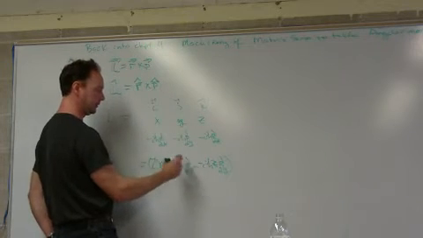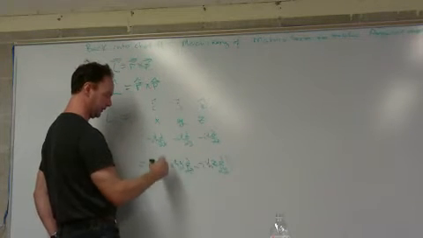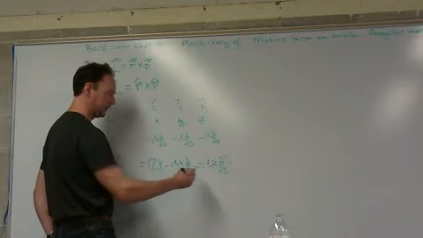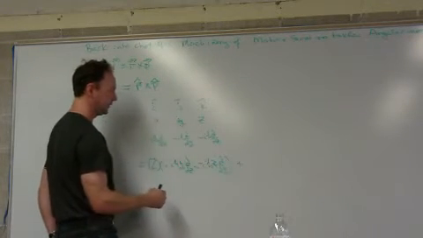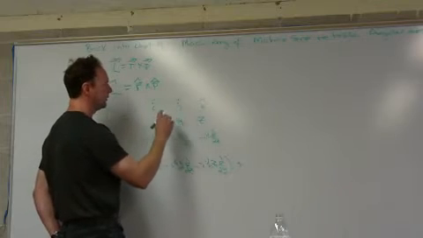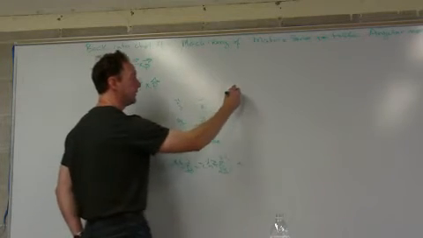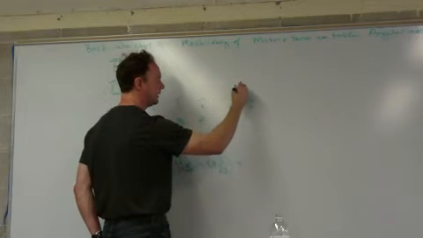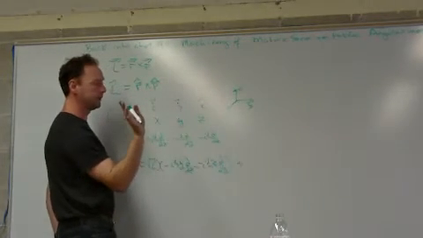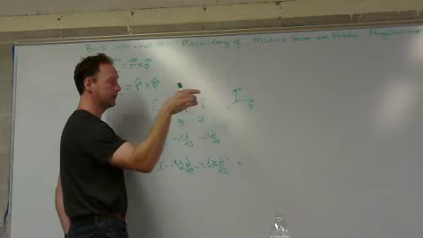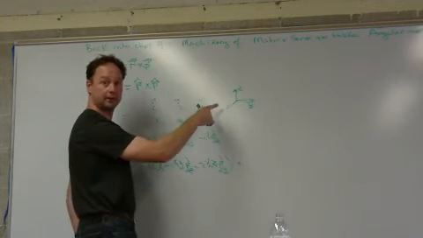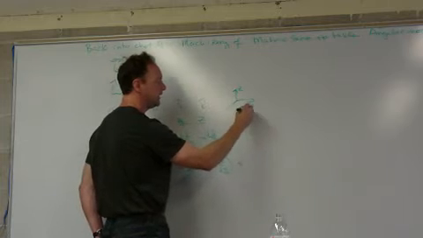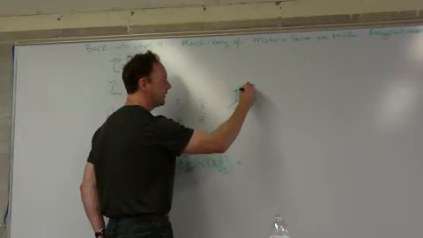I'm going to be pulling out a lot of i h bars, but that's in the i hat direction, and then it's going to be plus. What I always have to do to get this right is: here's X, Y, and Z. If I roll my fingers in the direction of X and turn into Y, I get Z. So I know that's the correct right-handed system. So this is i hat, this is j hat, this is k hat.